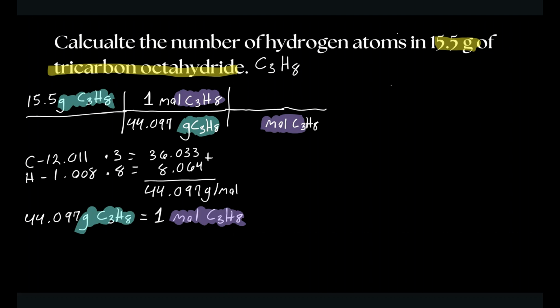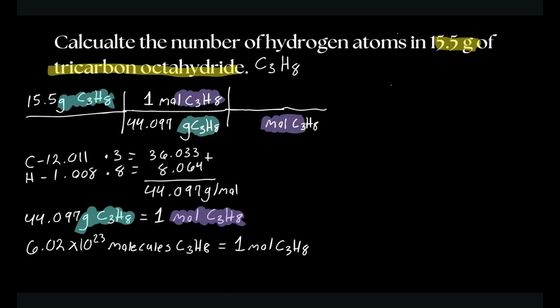Now, going from our moles over to our molecules, we are going to use Avogadro's number. So the 6.02 times 10 to the 23rd molecules of our C3H8 is equal to our 1 mole of our C3H8.